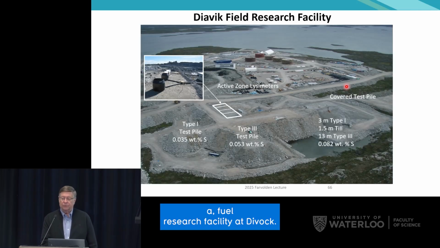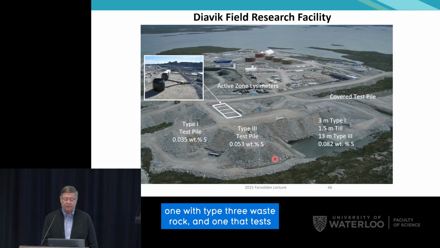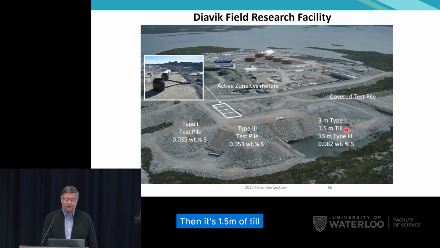So we constructed a field research facility at Diavik, and that has 3 waste rock piles: one with type 1 waste rock, one with type 3 waste rock, and one that evaluates the closure cover design, which is 3 meters of benign type 1 rock, then 1.5 meters of till, and then the waste rock underneath that.